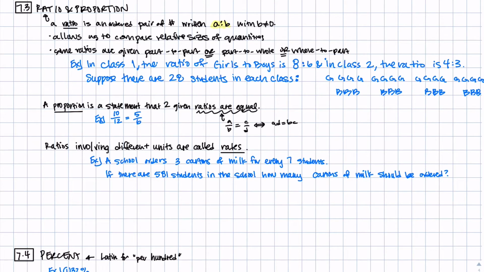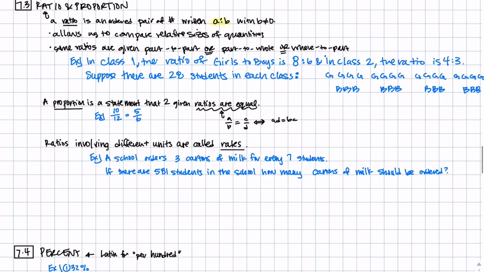But another way in which ratios are different than fractions is that ratios give us a little bit more option for how to compare quantities. When we talk about fractions, we talk specifically about a part to whole relationship.